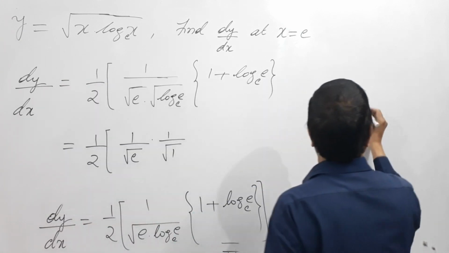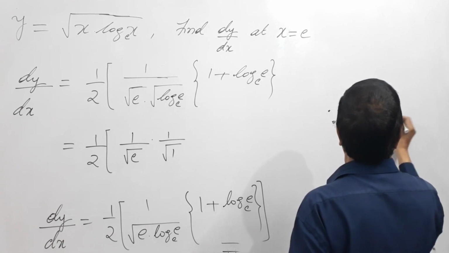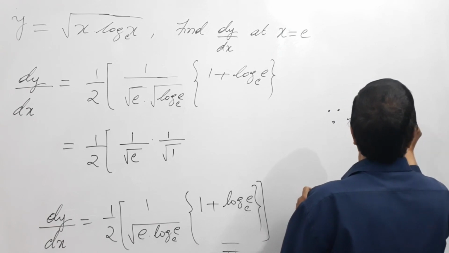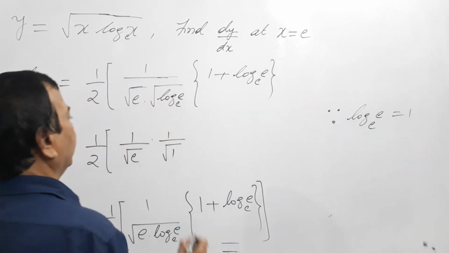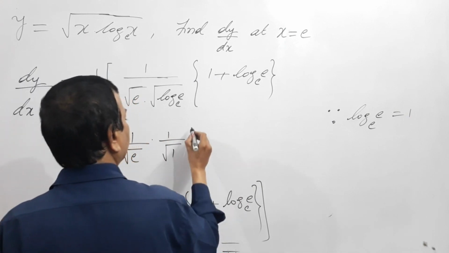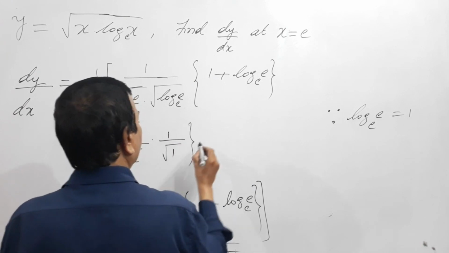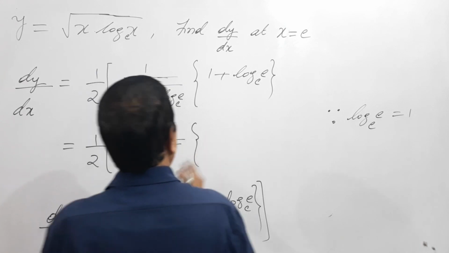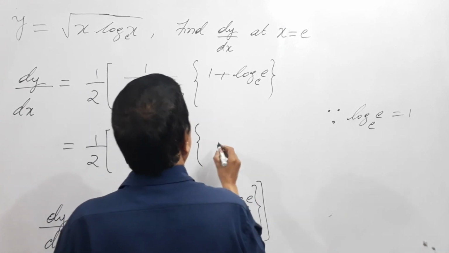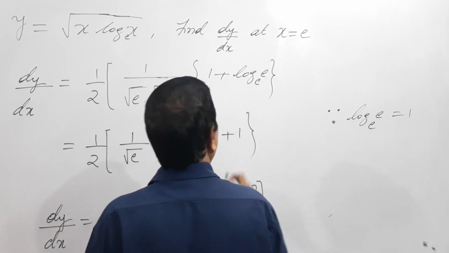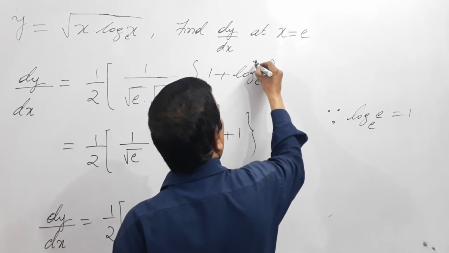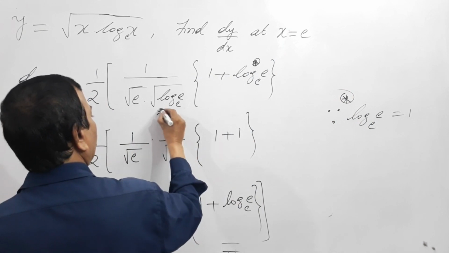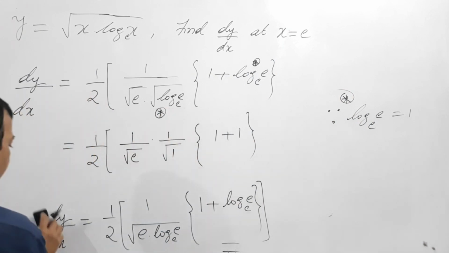Since log e to base e equals 1, this has become 1 into 1 plus 1 because of this factor.